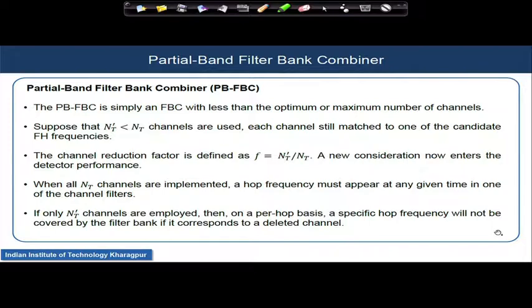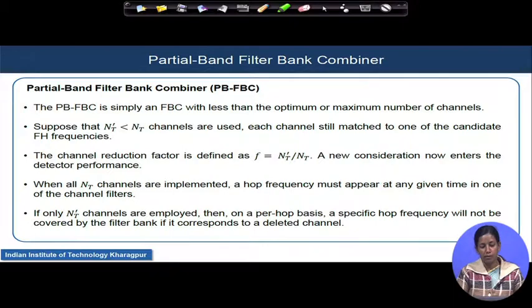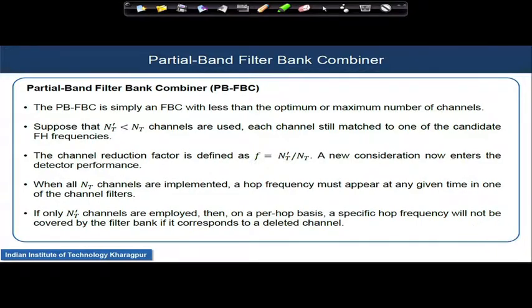Now the partial band filter bank combiner, which is the last detector structure in this series, further tries to simplify the whole structure of the optimal detector design. Partial band FBC is simply an FBC, but it does not take care of all the channel decision outputs.